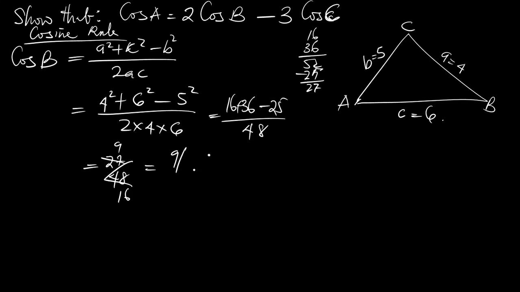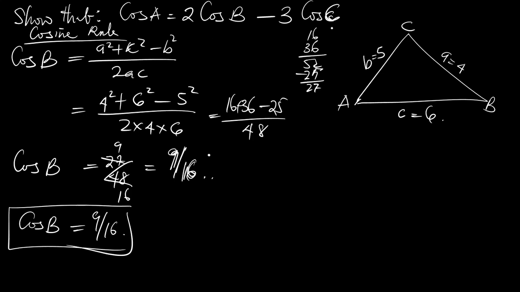So it gives us 9 over 16. So cos B is equal to 9 over 16. Let's just state it here: cos B is equal to 9 over 16.